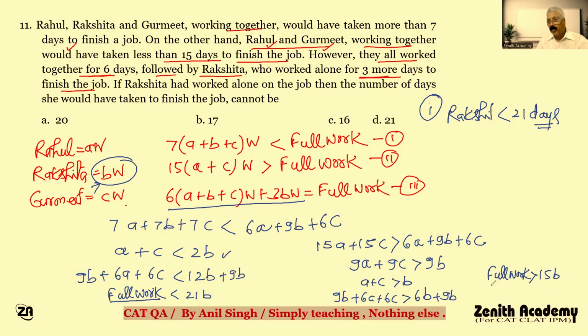It means the amount of full work is more than Rakshita's 15 days work. So in the second case, Rakshita will take more than 15 days to finish the whole work.